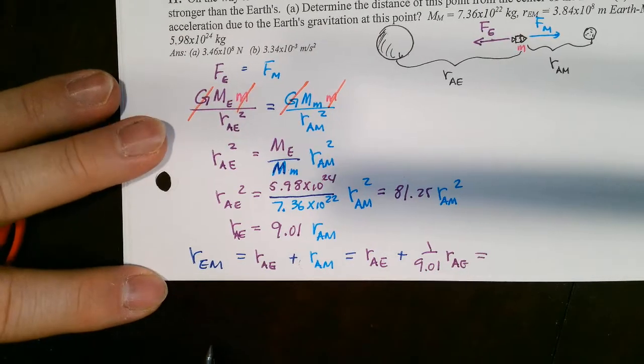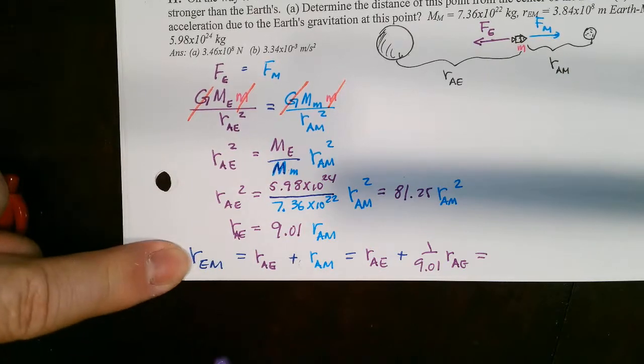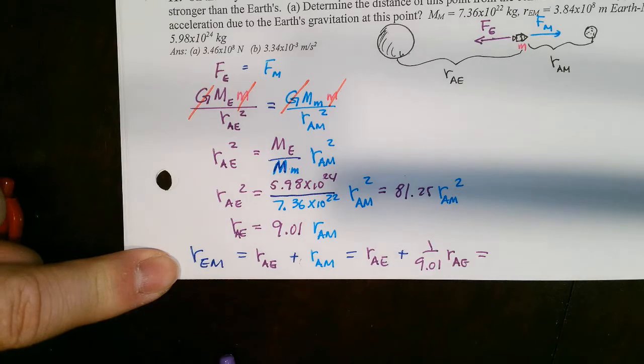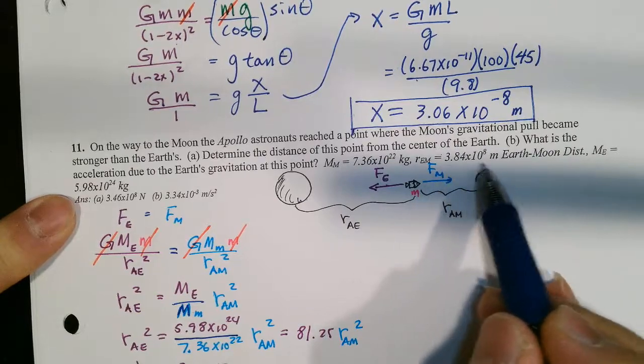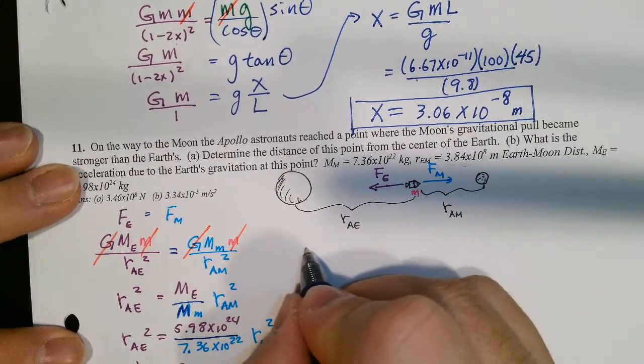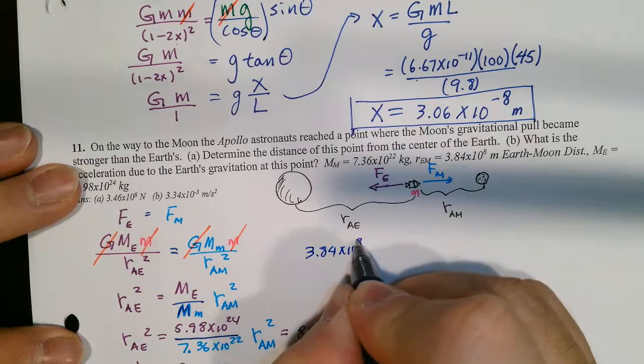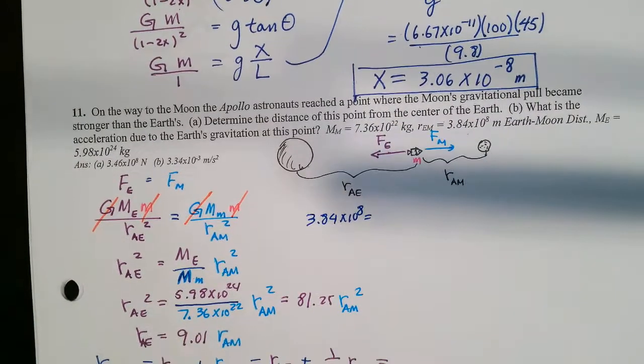So you should be able to figure out what this RAE is relative to the distance from Earth to Moon. We know what that is: 3.84 times 10 to the 8th is equal to, and add these two together, 1 plus 1 divided by 9.01.